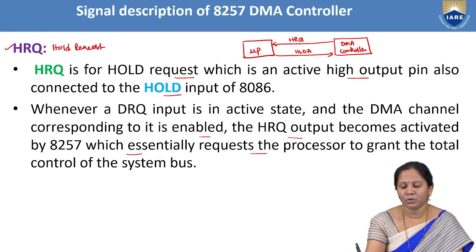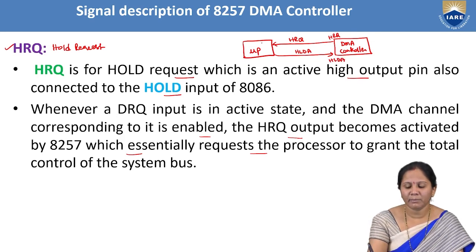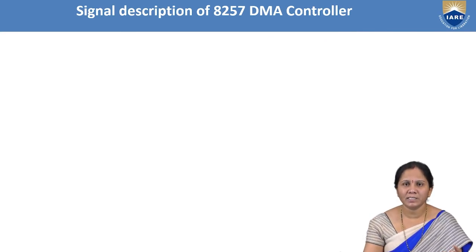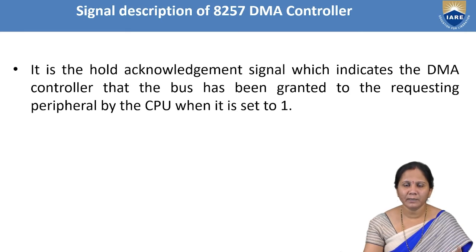So in the DMA controller, we have this HRQ signal and HLDA signal. The HRQ signal of this DMA controller will be connected to the HOLD signal of the 8086 microprocessor, whereas the HLDA signal of the microprocessor will be connected to the HLDA signal of the DMA controller. Once this HLDA signal is enabled, it indicates that the system bus has been granted.